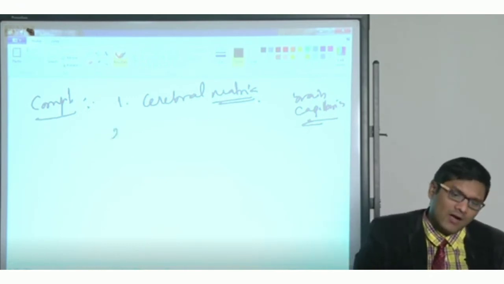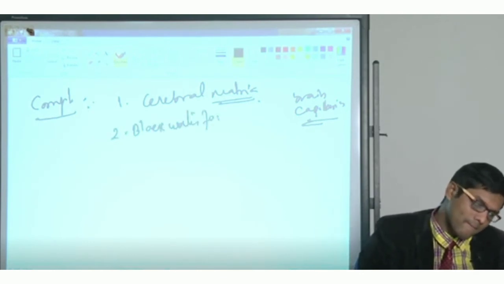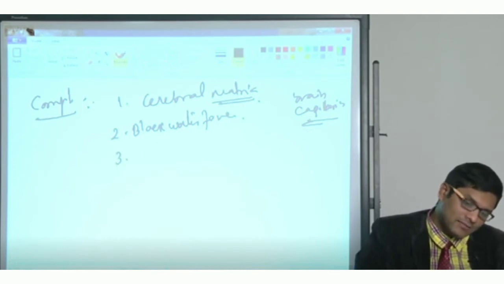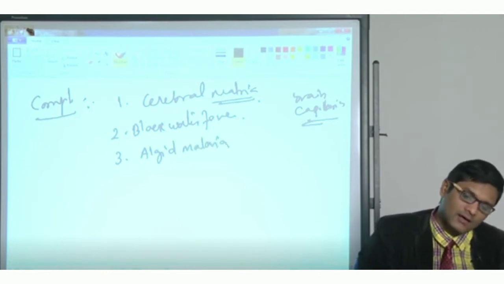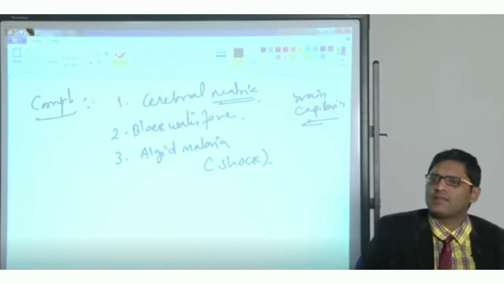Other than that, black water fever, and algid malaria. Algid malaria is a shock-like stage. All these are the various complications seen in malignant malaria.